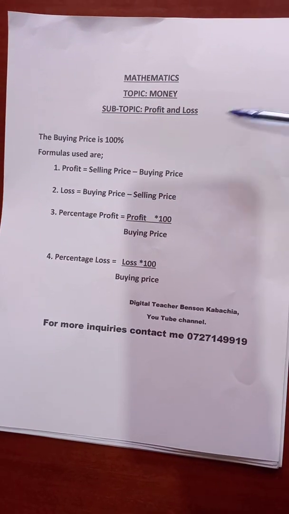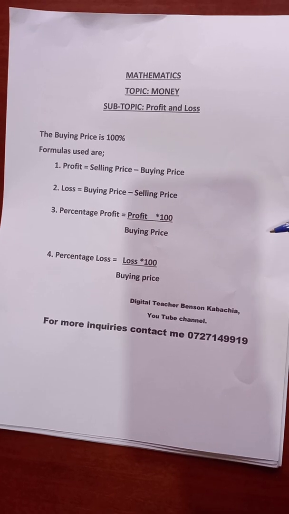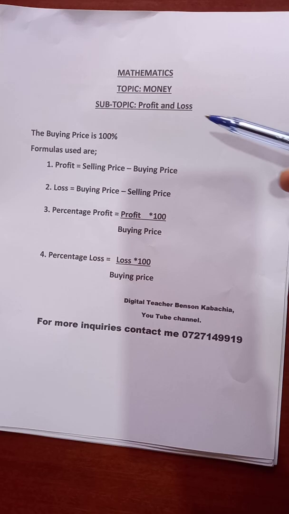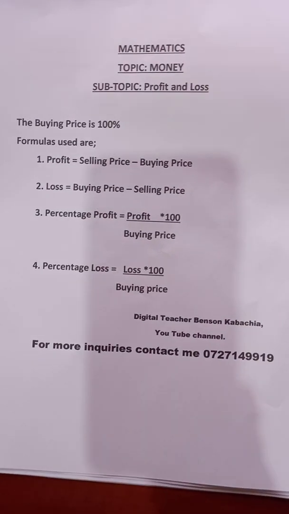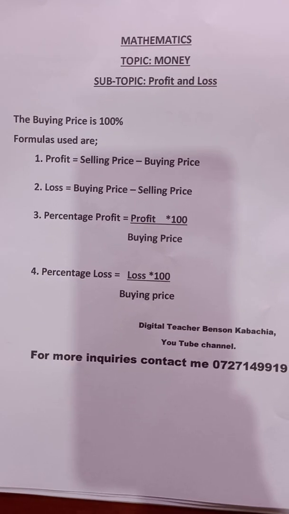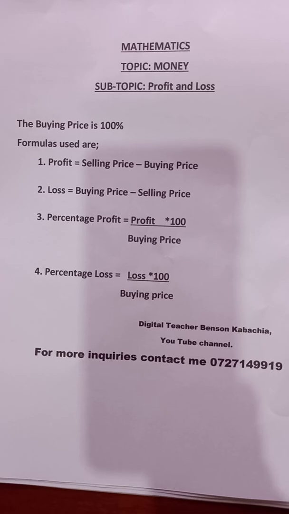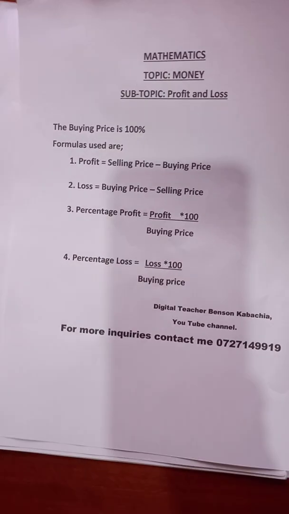Percentage profit is equals profit over buying price times 100, whereas percentage loss is equals loss times 100 over buying price. So these are simple formulas, learners, that you're supposed to make sure that you master them, so that whenever you get a question about profit and loss, you'll be able to solve it with a lot of ease.